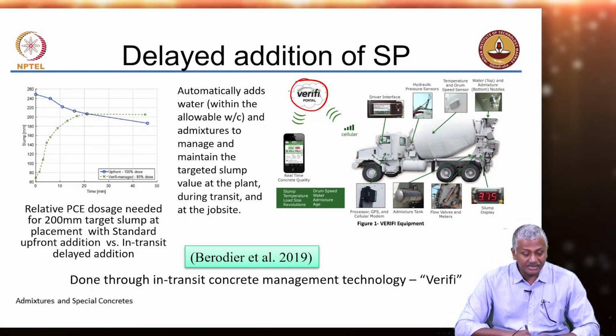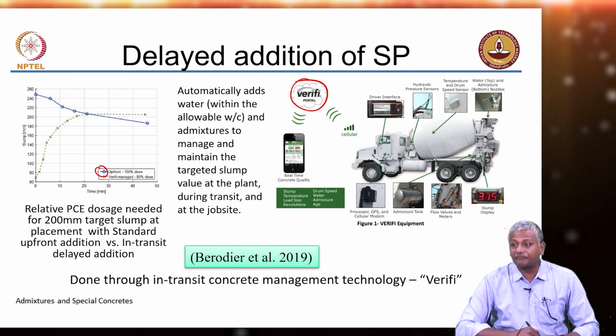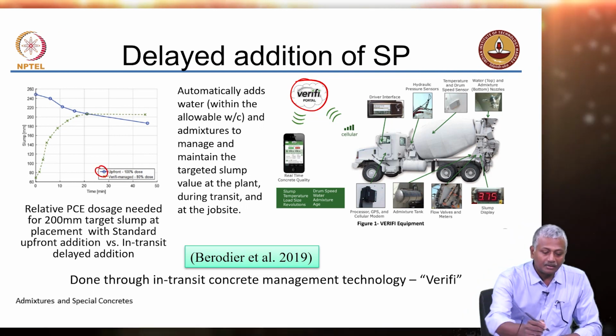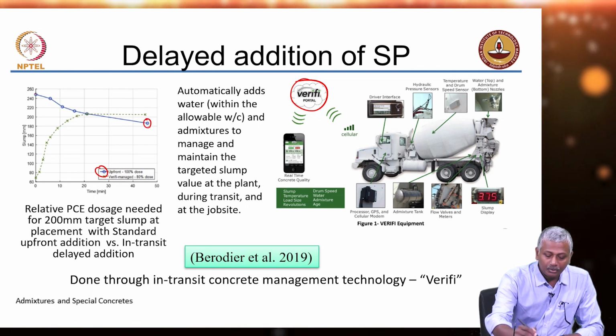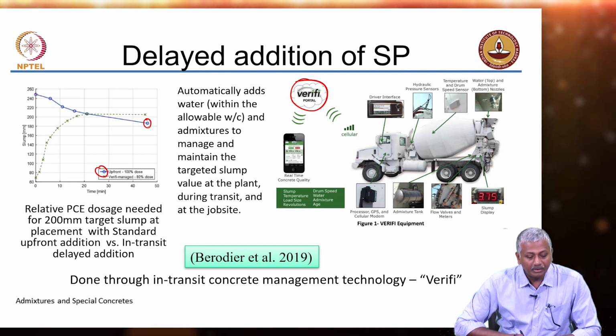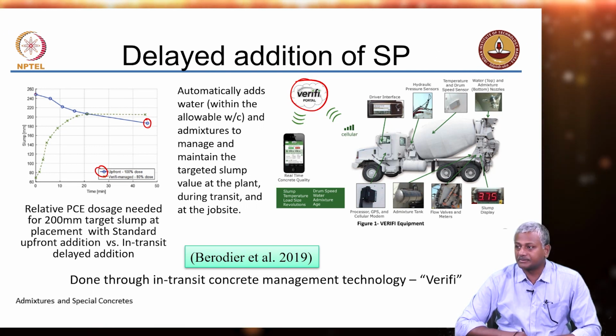So, here what it says is the blue curve is the upfront 100% dosing. The slump initially was 250, it came down to about 180 or so after a period of about 45 minutes during transit.